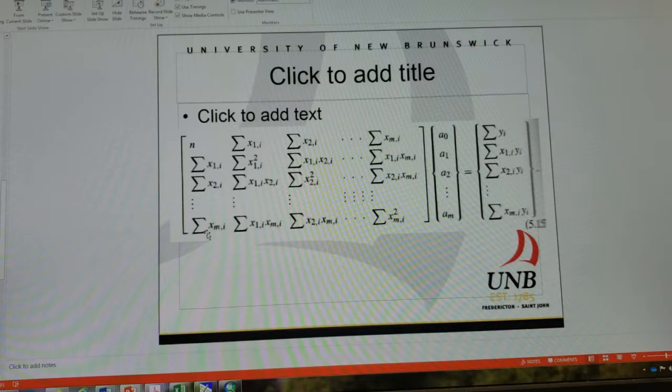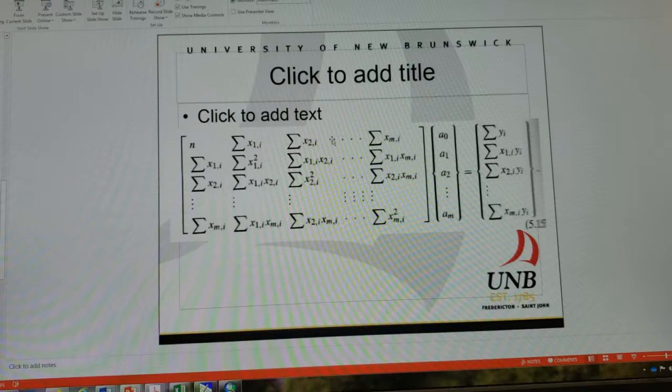You don't see this step, but I'm showing it to you so you know that the values in this matrix are a function of the x1 values all summed up, x2, x1 times x2, x1 squared, etc. all go into this matrix, and then you have some of the yi values, some xi yi. So it's a whole bunch of stuff going on here. But the bottom line is that with these values here and these values here, you're solving for coefficients. That's what regression is doing.